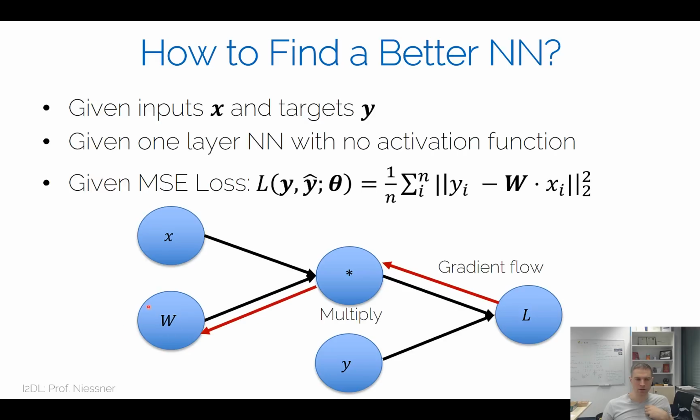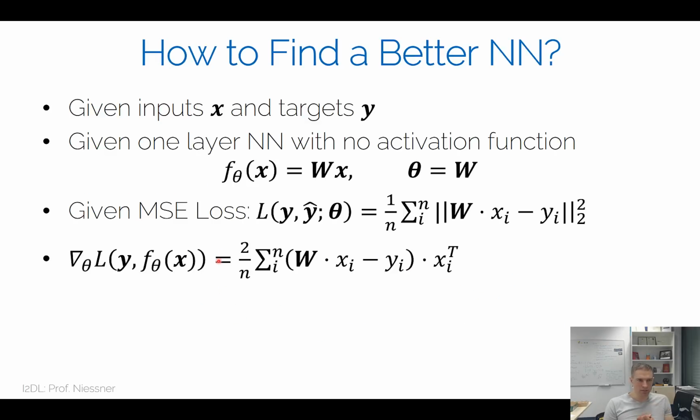How do we optimize these parameters w such that the loss is minimized for a given set of training samples, a given set of x's and y's? That's what we get here. Now we compute our gradient, which is the gradient of this L2 loss function that we have just chosen.